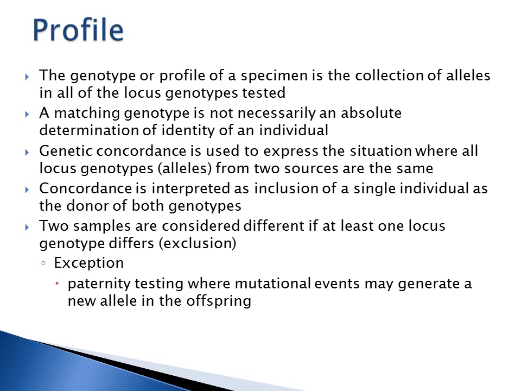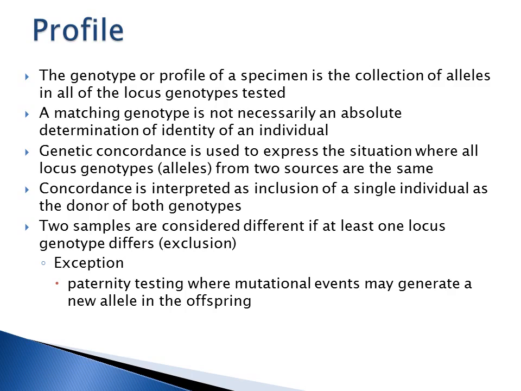So what you're generating when you determine these genotypes is your profile. So the genotype or the profile of a specimen is the collection of alleles in all of the locus genotypes tested. A matching genotype is not necessarily an absolute determination of the identity of an individual.